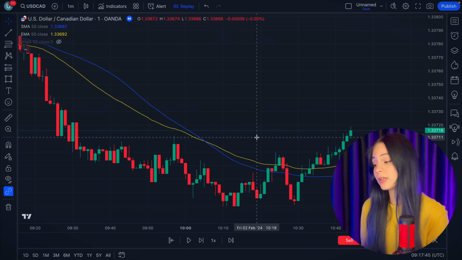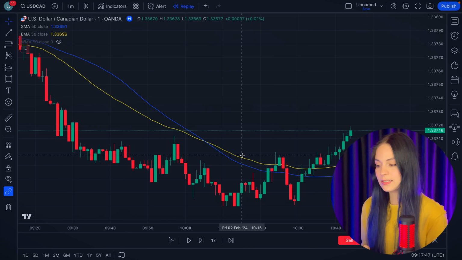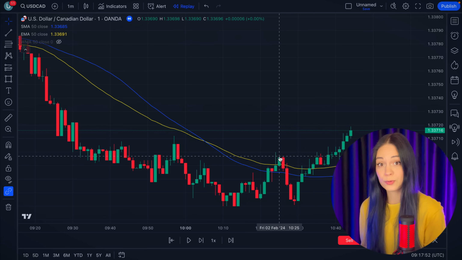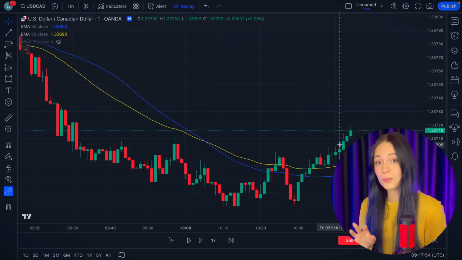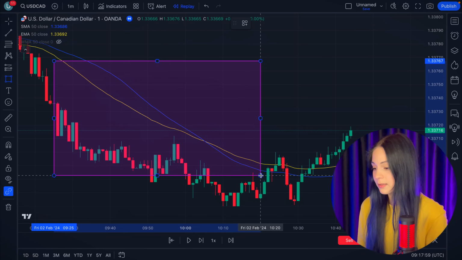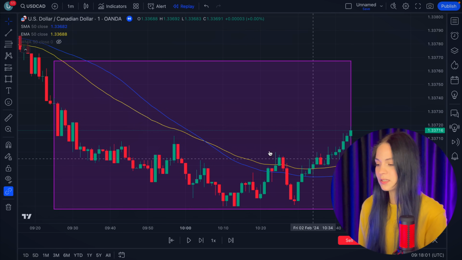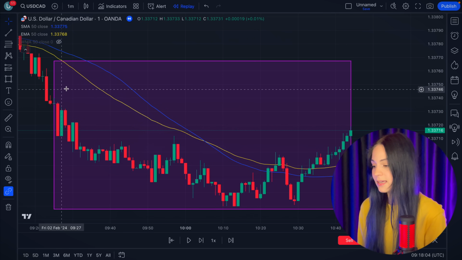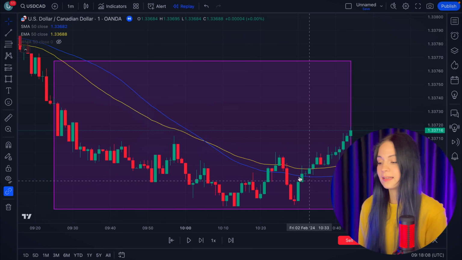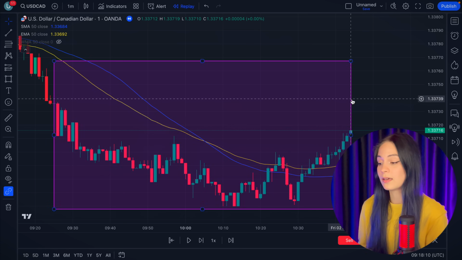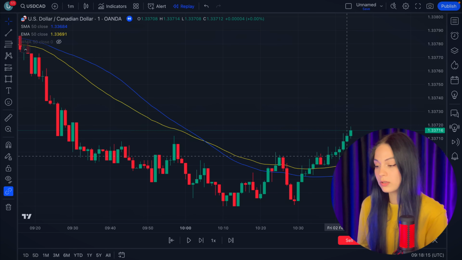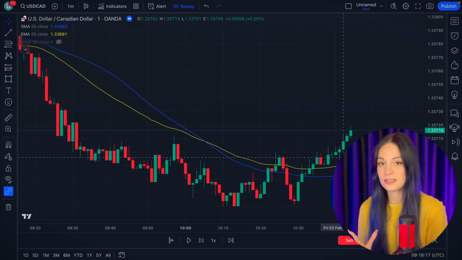Because the exponential moving average, if we take 50 candlesticks, the same as for the simple moving average, is going to count not only the average price point, but the average price point prioritizing the new data, basically. So for example, this is 50 candlesticks, and the data from the beginning is going to be less important than the data from the end of the period. So that gives us a bit more precise knowledge and a bit more sensitive indicator.